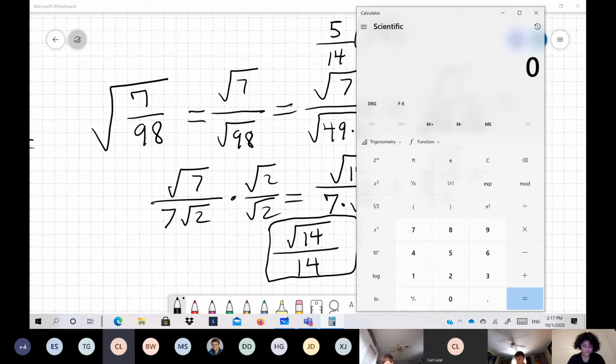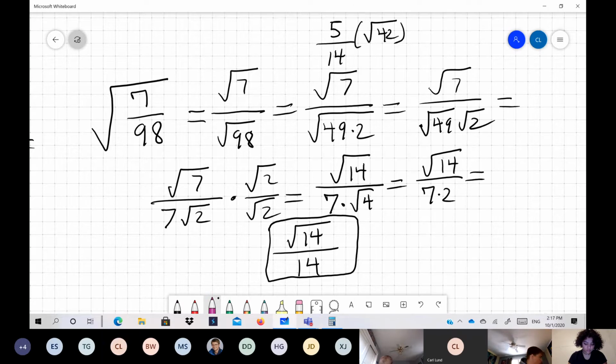To check the answer, we want to do something like this. We're going to approximate both of the square roots: the square root of 7/98, and the square root of 14 divided by 14. So I'm going to start with my original problem. I'm going to type in 7/98, and then take its square root, and that's approximately 0.267, according to my calculator.